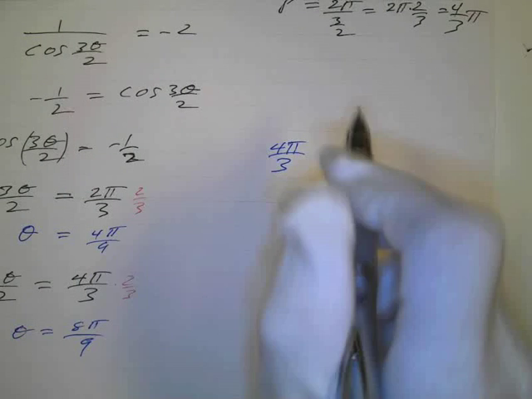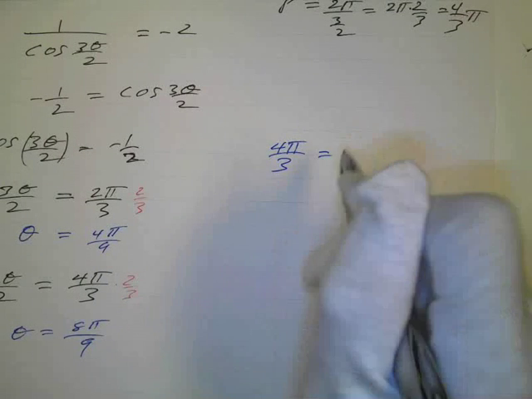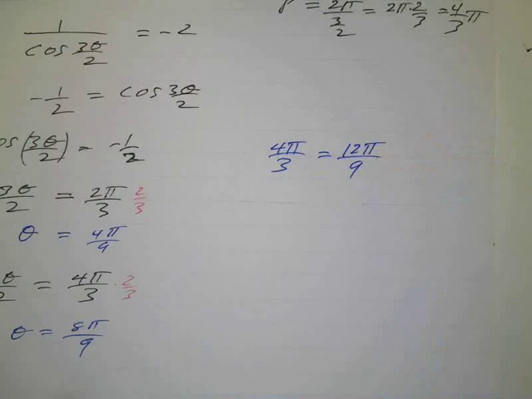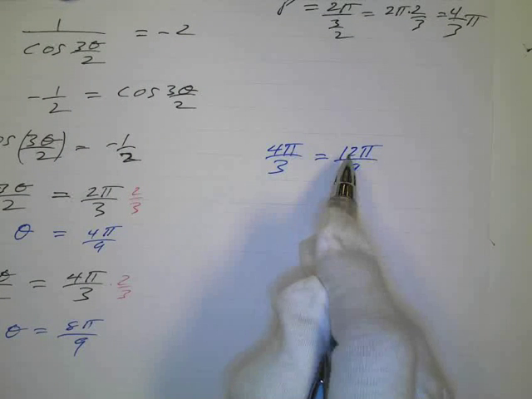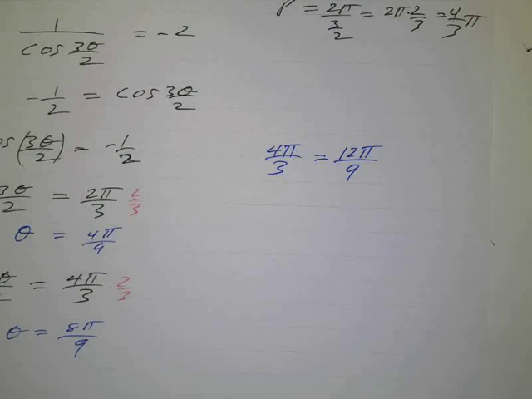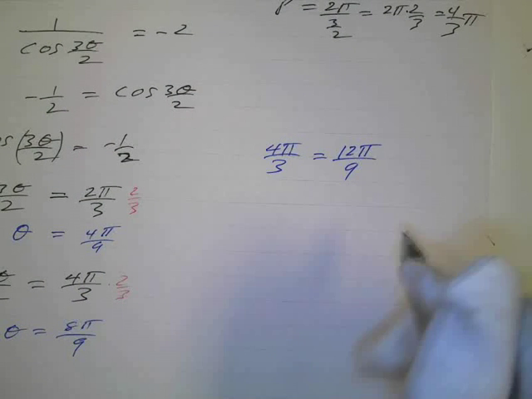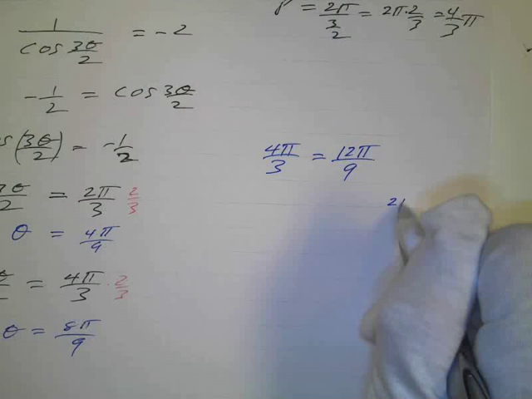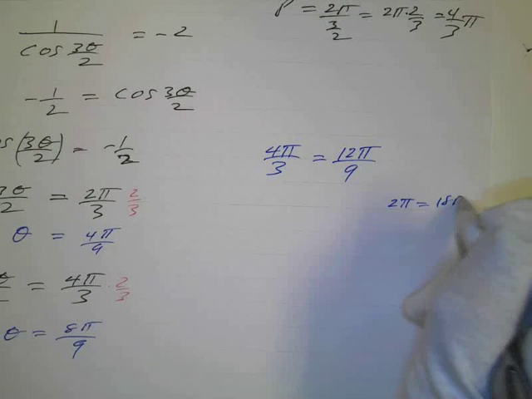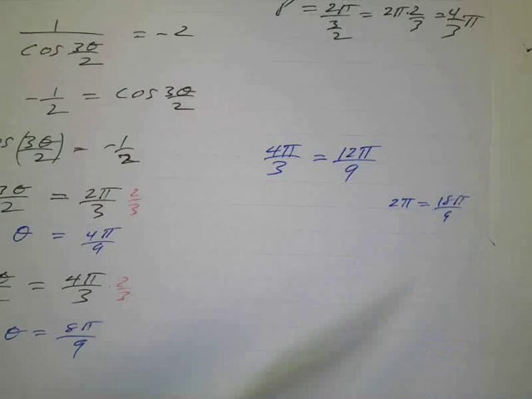But I want to make it into 9ths so it's easier to add. So if I multiply the top and the bottom by 3, that's the same thing as 12 pi over 9. So that's one period. So I'm going to add these, and as long as I stay within the range of 2 pi, which is the same thing, 2 pi equals 18 pi over 9.